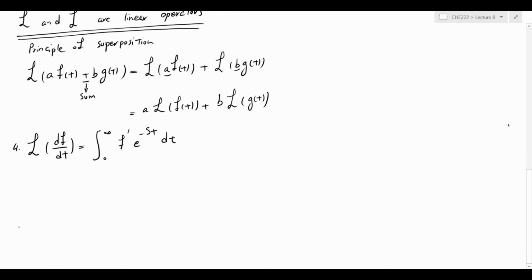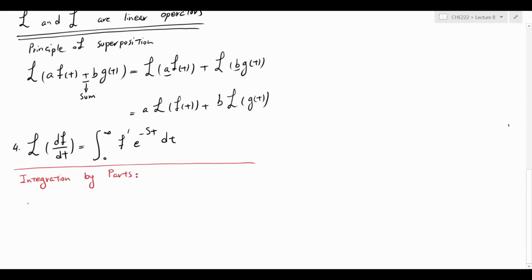But before I can continue deriving the Laplace transform of the derivative of function f, I have to give you a refresher about integration by parts, because this is the method that we use to solve this integral. And if you remember, integration by parts is just an outcome of the product rule.